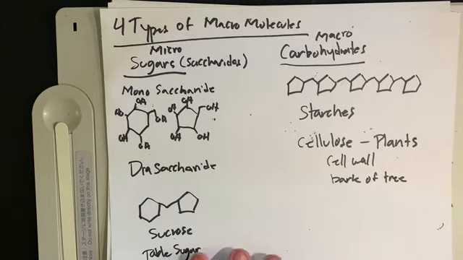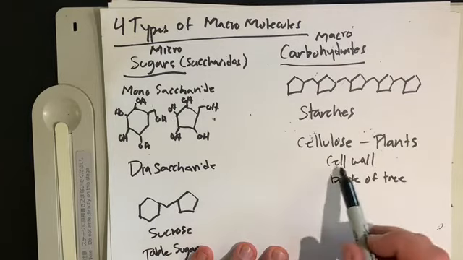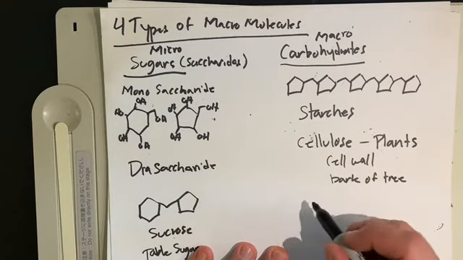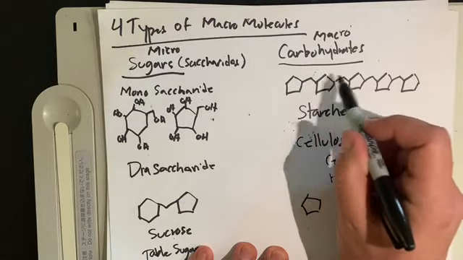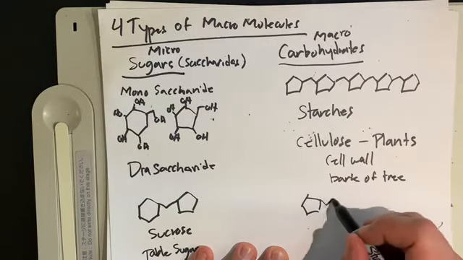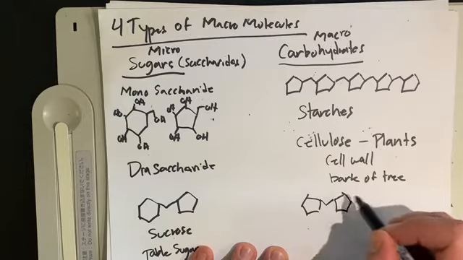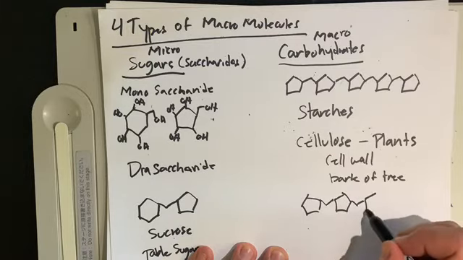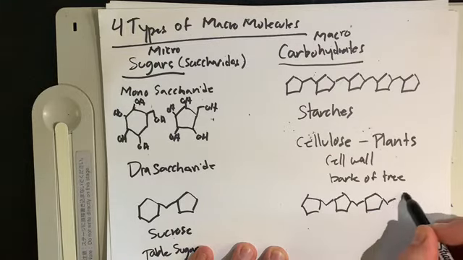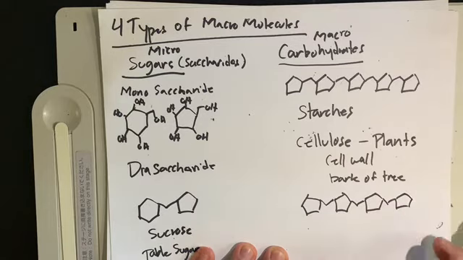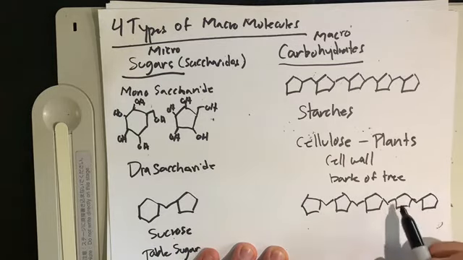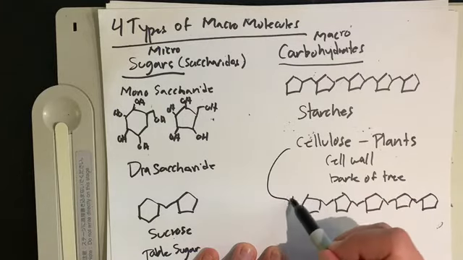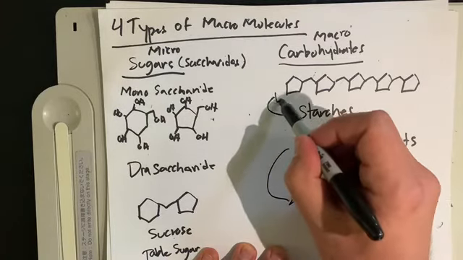And in some plants, like lettuce and celery and stuff like that, the cellulose that makes up their cell wall has a different type of bond. So here we have this bond going up, and then there's another bond that goes down. If we have a carbohydrate that has this bond that goes down, it's a cellulose, where if it goes up, it's a starch.